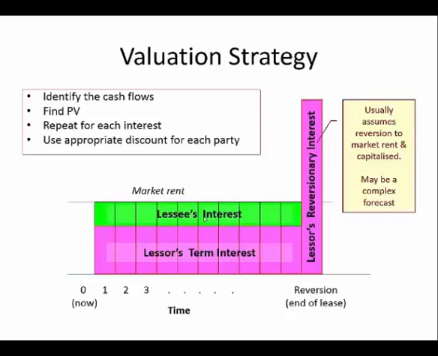And so we can work out the lessee's interest by, again, using discounted cash flow methods to take the present value of each of the remaining years of the lease, that gap between the market rent and the actual terms of the rent coming out of the lease.